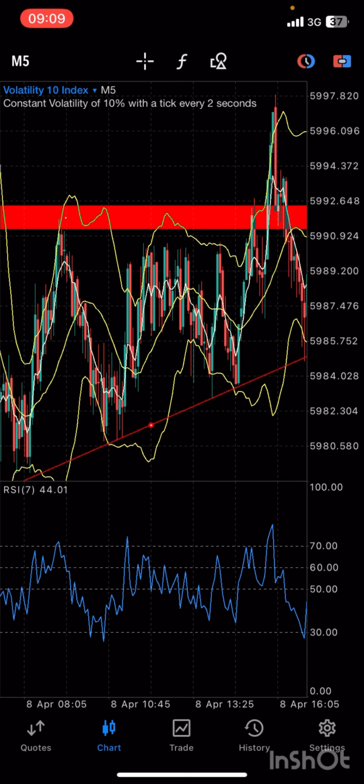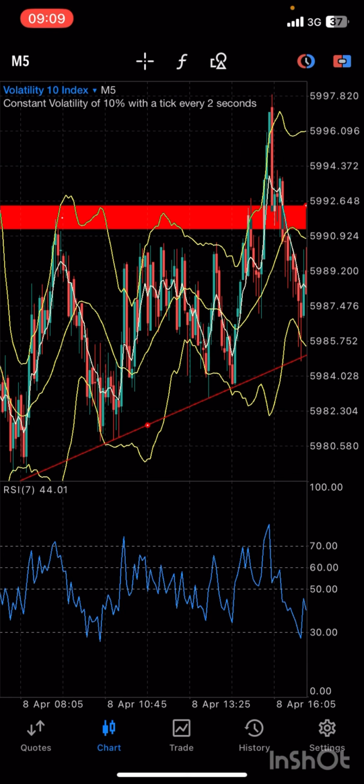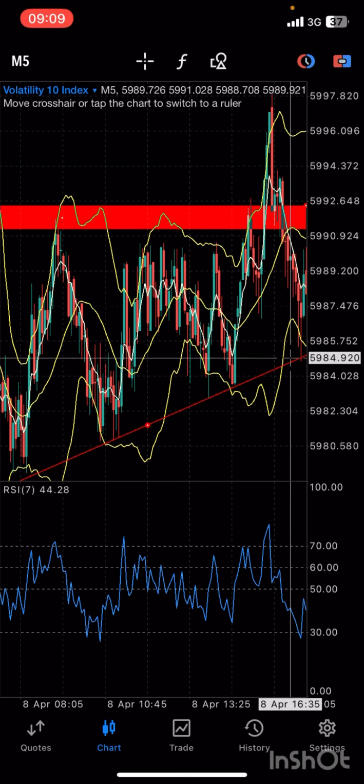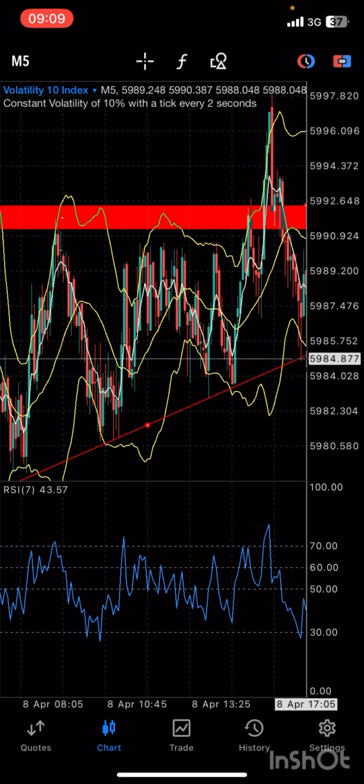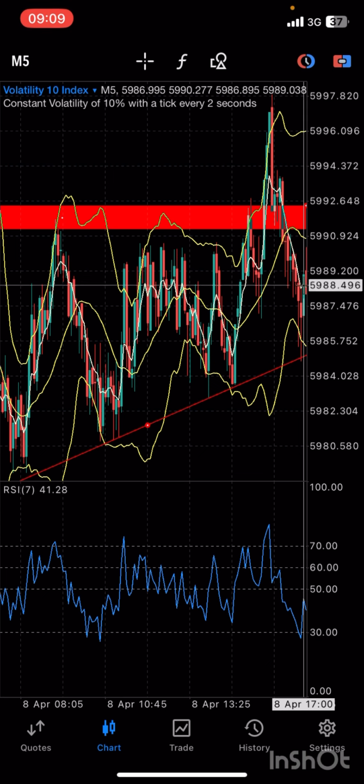All right, beautiful. So you can see what has happened. Price has been able to touch this my trend line, and now we can see a buy candle that was able to close above the moving average. The moment this has happened, I'm taking a buy.